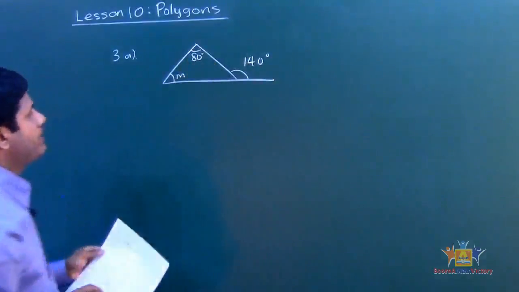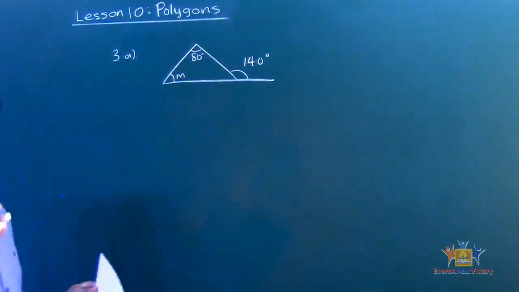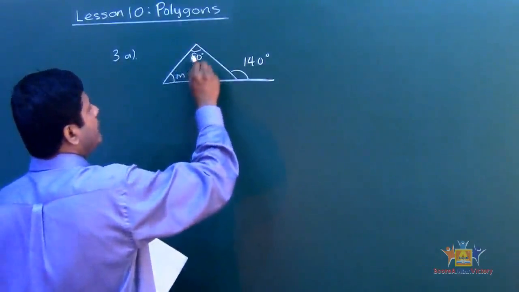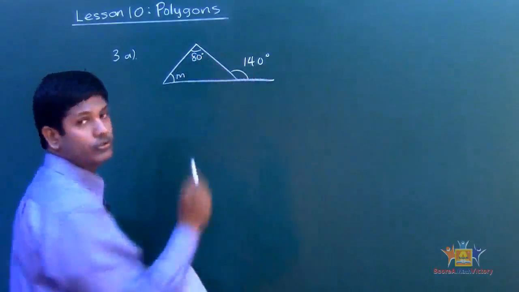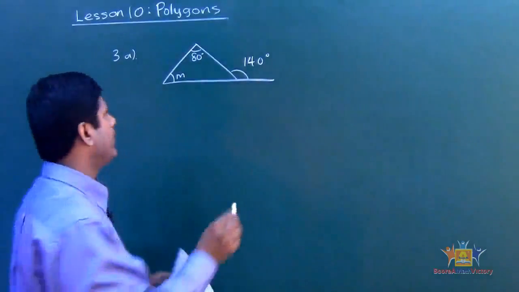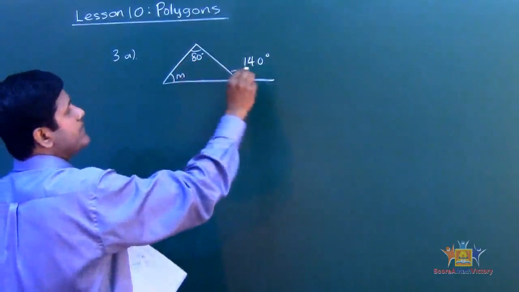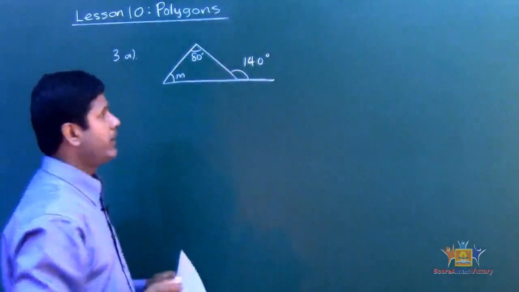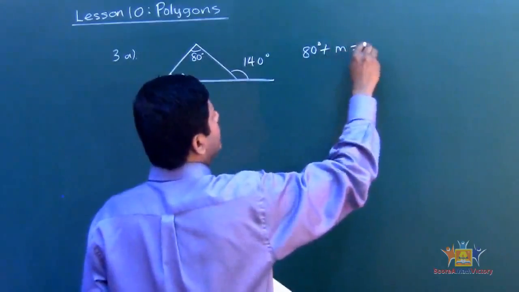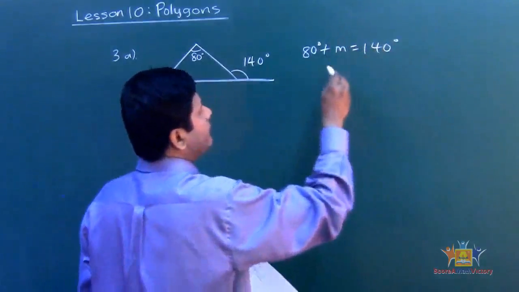We're looking for M. From what we learned before, the total of these two angles should equal 140 degrees. So 80 degrees plus M is 140 degrees, and I'm looking for M.